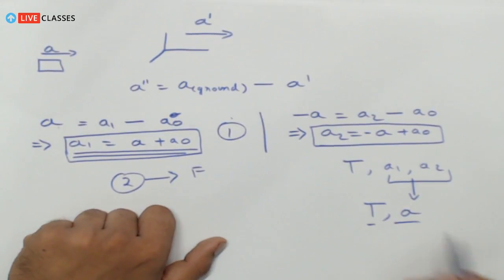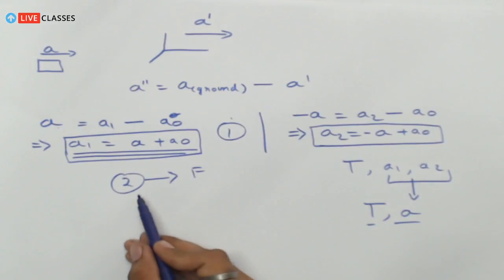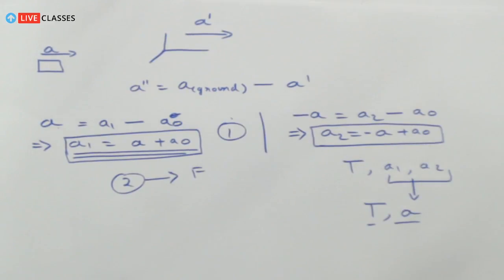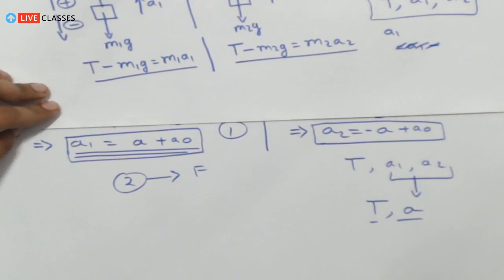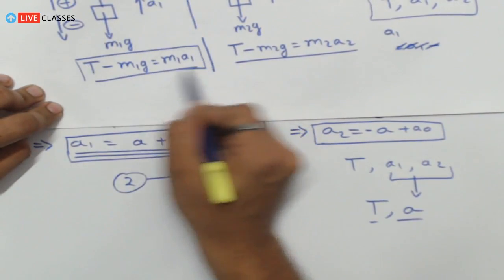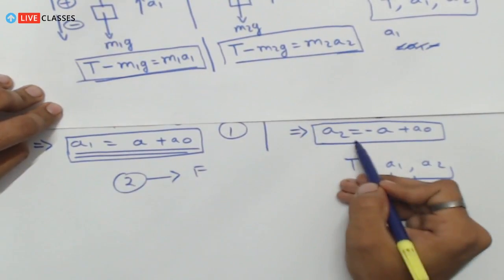If we find these two quantities with these two force equations, replacing A1 and A2 in the force equations with these quantities, then right now you have to solve. I have made this equation, this one and this one.